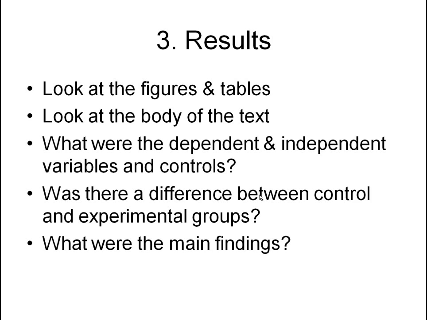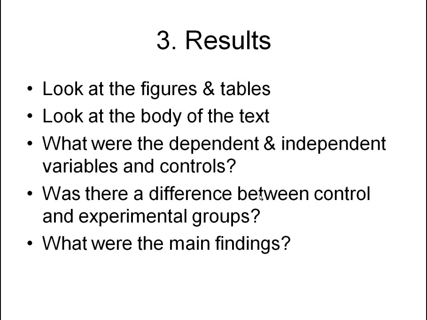If you're not sure about these terms, a dependent variable is what is measured and an independent variable is what is tested. For example, if this was a paper on the effect of a particular drug on health, then the dependent variable could be something like the dose of the drug or the timing of the drug or the route of administration, and the independent variable would be the effect on health, for example.